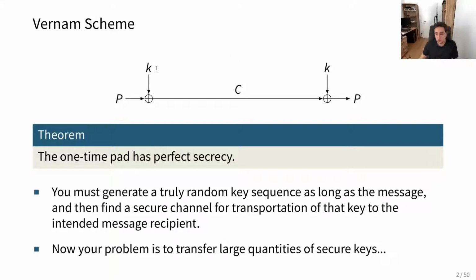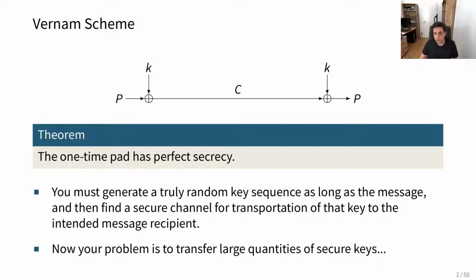And what we do is we add this very, very long key, which is as long as the plaintext, to the plaintext. So this is a simple XOR operation, and we then basically have a ciphertext. And we can send this ciphertext to someone else, and if the other person has the same key, then they can add the key again to the ciphertext, and what they receive is the original plaintext.